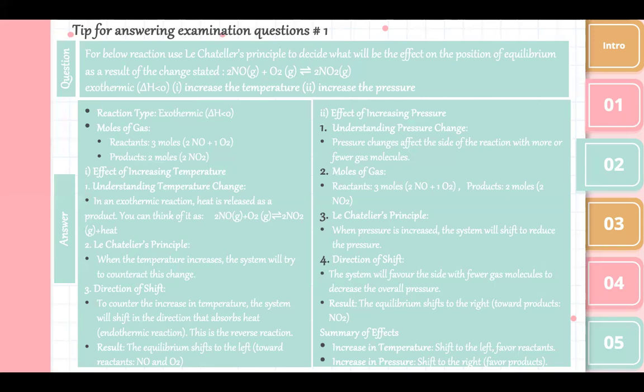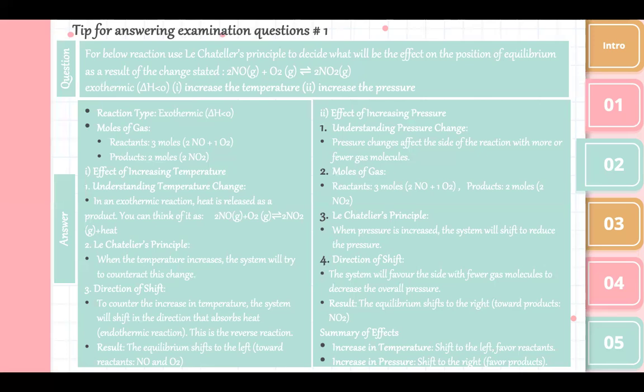In terms of the effect of increasing pressure, we need to understand how pressure changes affect the side of the reaction with more or fewer gas molecules. The moles of gas in the reactants is 3 moles and in the product is 2 moles. By Le Chatelier's principle, when pressure is increased, the system will shift to reduce the pressure.